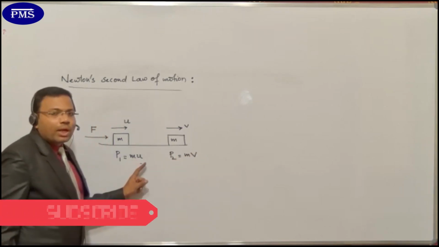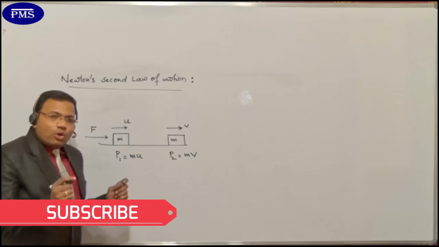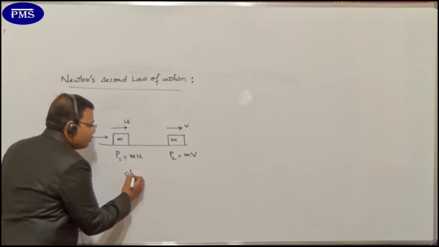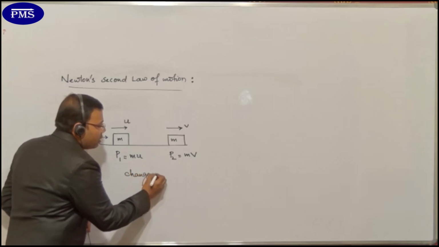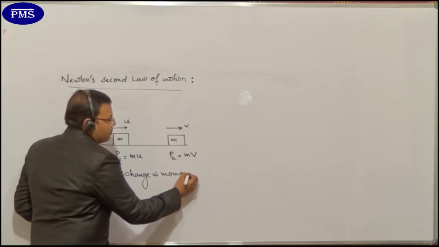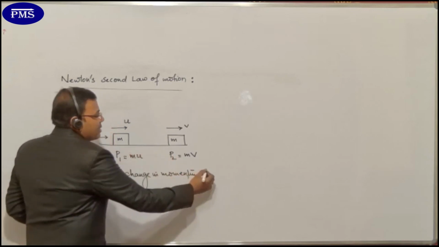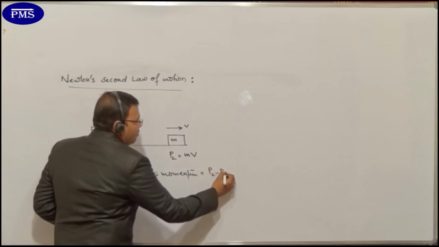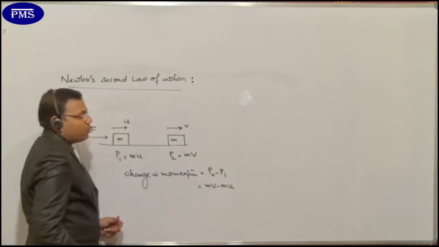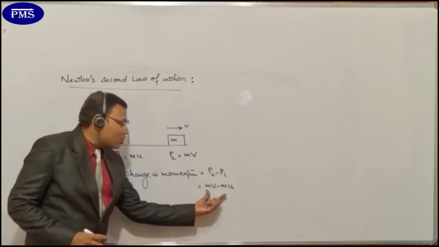Now the change in momentum is p2 minus p1, that is, final momentum minus initial momentum. That is mv minus mu. Try to understand, this is the change in momentum.